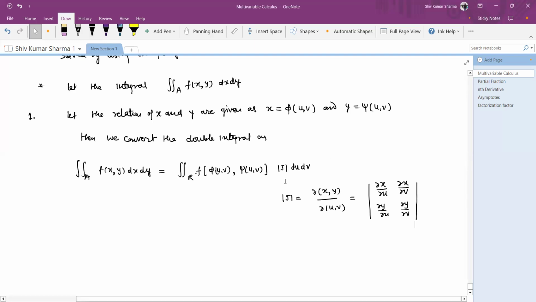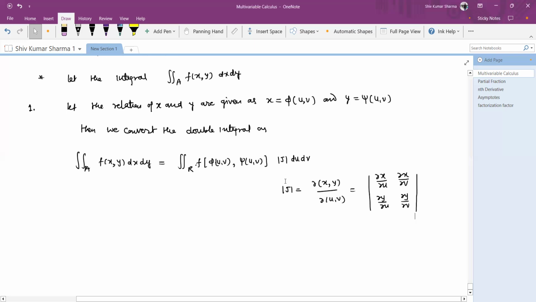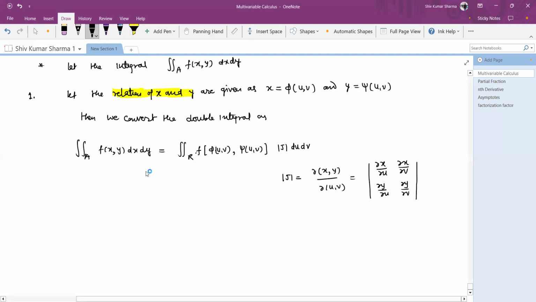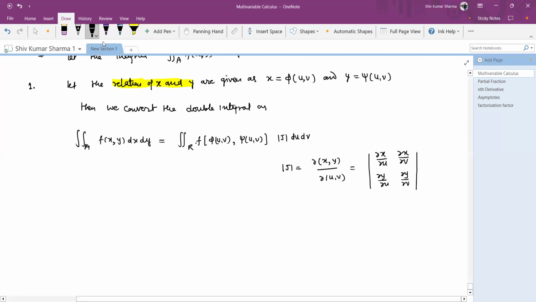This is the first form, where x and y are converted into the other variables u and v by using some relation. We remember that if it is not possible to solve directly in terms of x y, we can use another variable, that is, a relation.